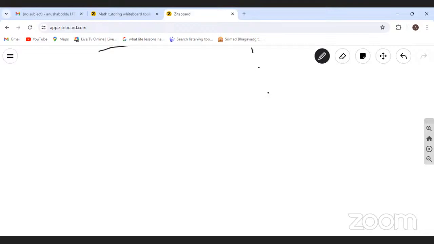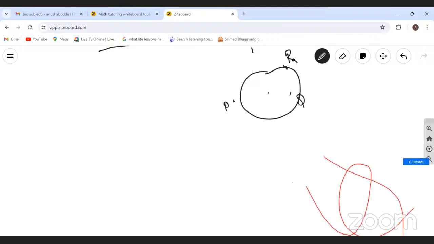So the diagram they gave you is one circle, and here they gave you the point P, that is 3, 1, and the point Q, that is 6, 5, and R obviously lies on the circle, right? In the given question, they're asking us to find the area of triangle RQP.